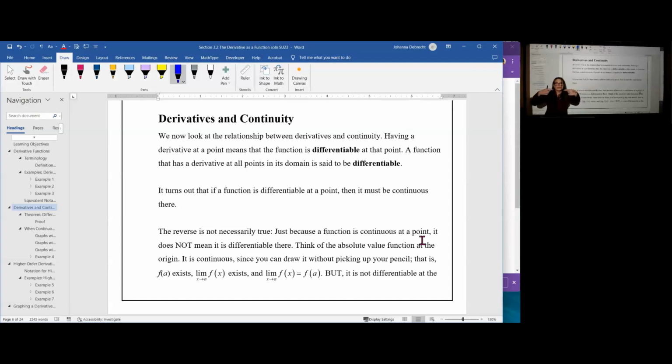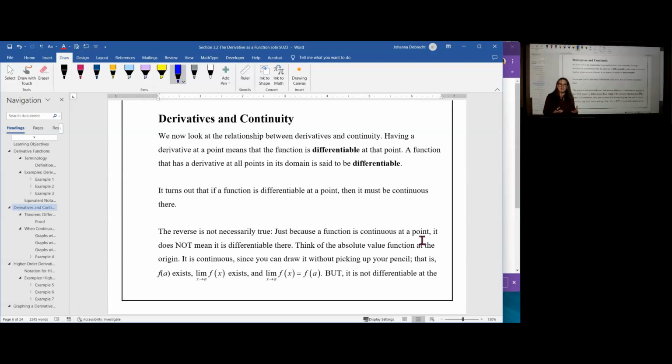The two-sided limit is pointing to the same number. And the limit as x approaches 5 of the function equals the function value. Function value is here, and the two-sided limit is pointing to that value. That's what it means to be continuous.